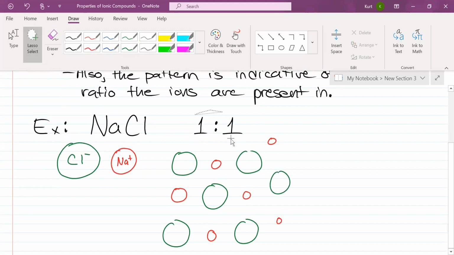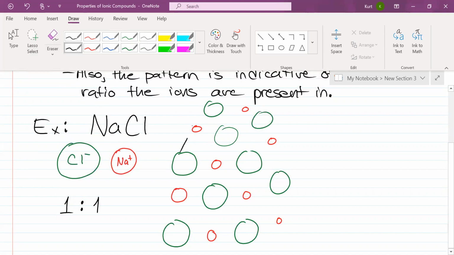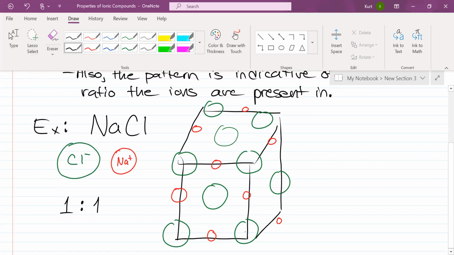Let me move this out of the way because that's in my way a little bit. If you look at this, it looks like a cube.